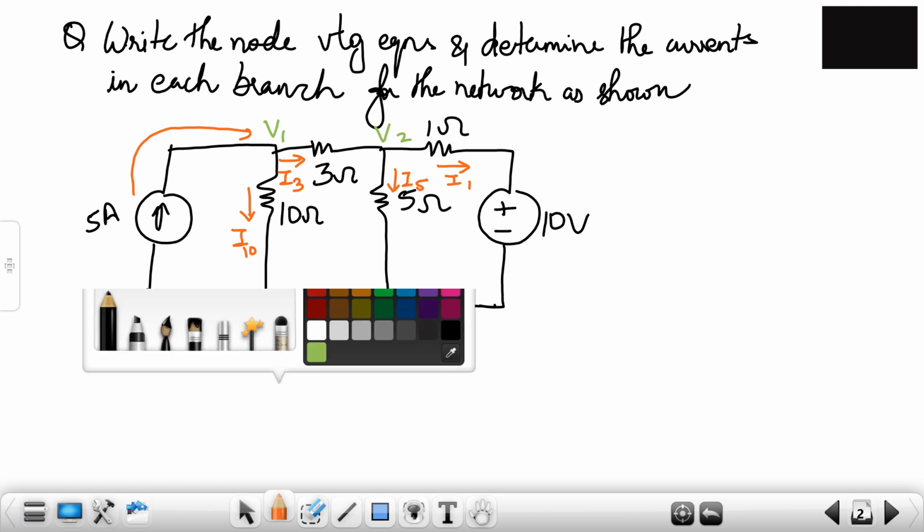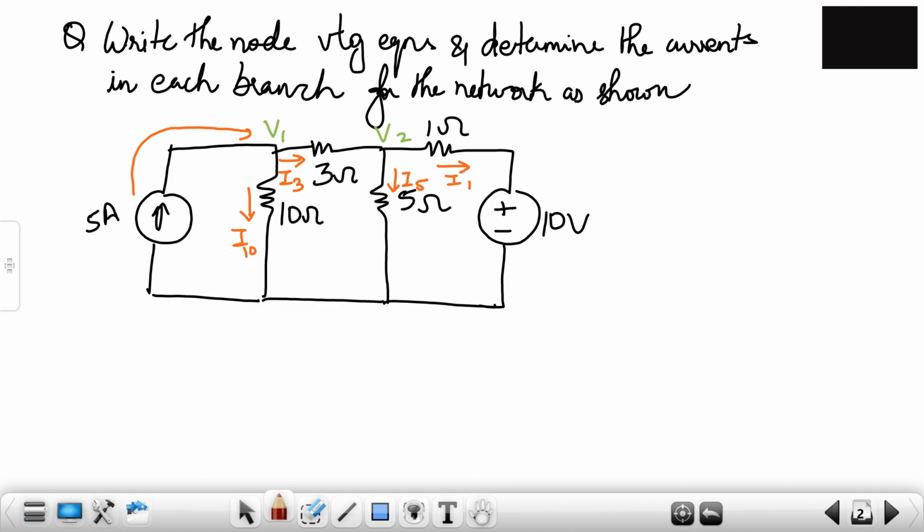So applying KCL at node 1, what it will be? Current is nothing but voltage upon resistance. So V1 upon which resistance is there? 10 ohms.